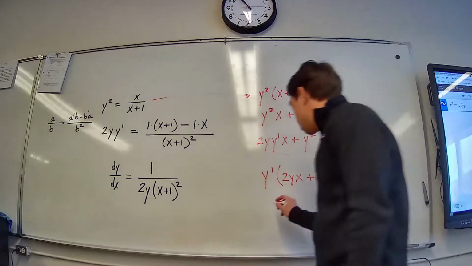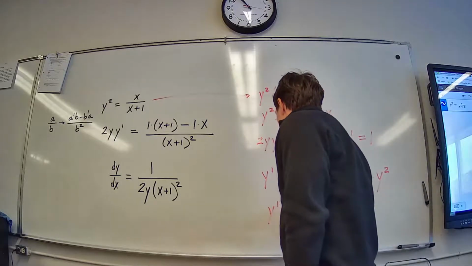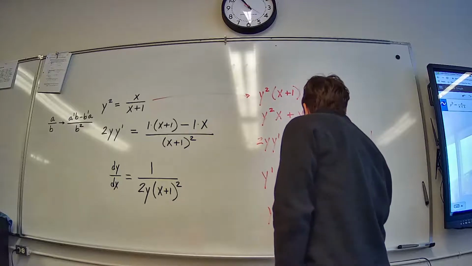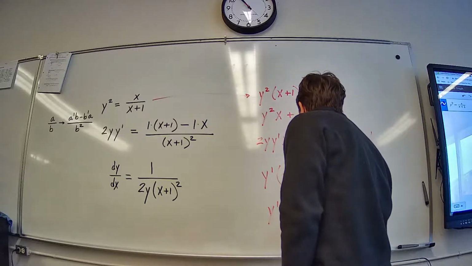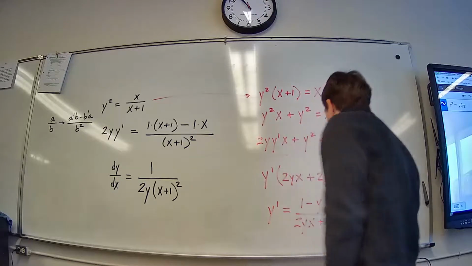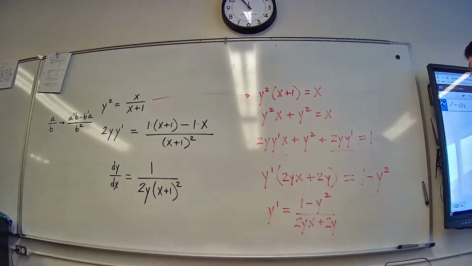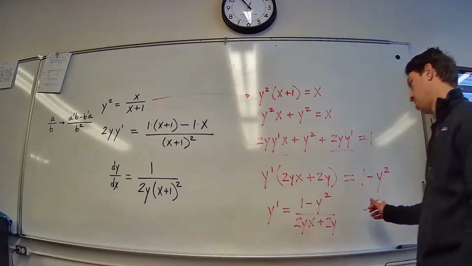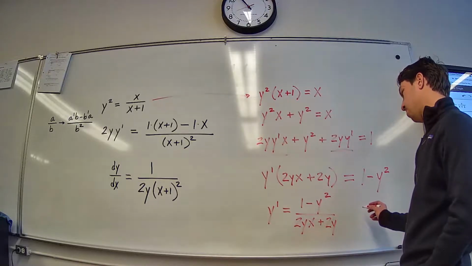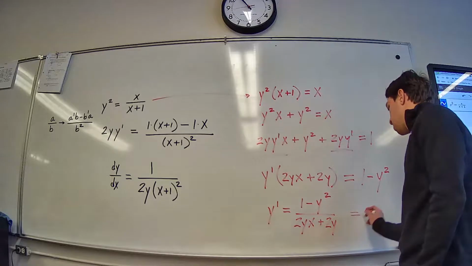And then divide. And then you get 1 minus y squared over 2y x plus 2y, or 2y times x plus 1. And that's where I was.